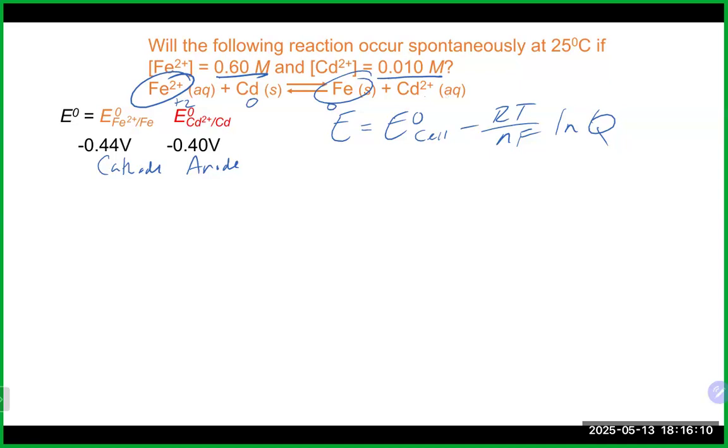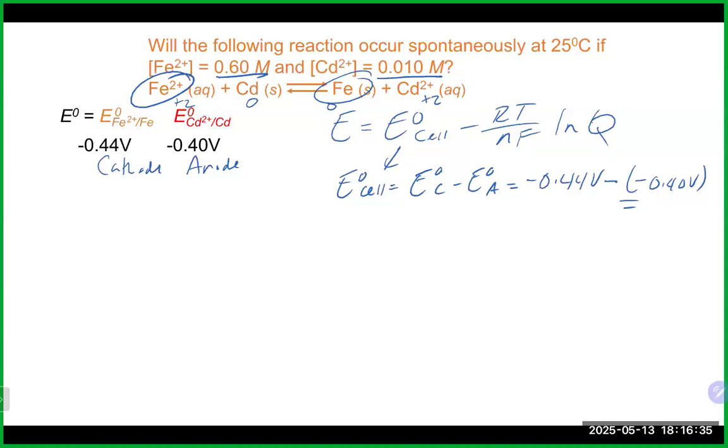Cadmium is going from 0 to +2, becoming more positive, being oxidized, which is our anode. So that's going to be our E naught of our cell there, my cathode minus my anode. Once again, I'm subtracting, so I'm not changing any signs here. So I'm going to go negative 0.44 volts minus a negative 0.4 volts.